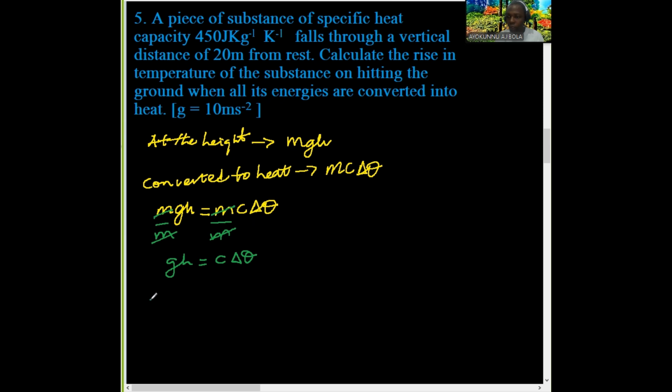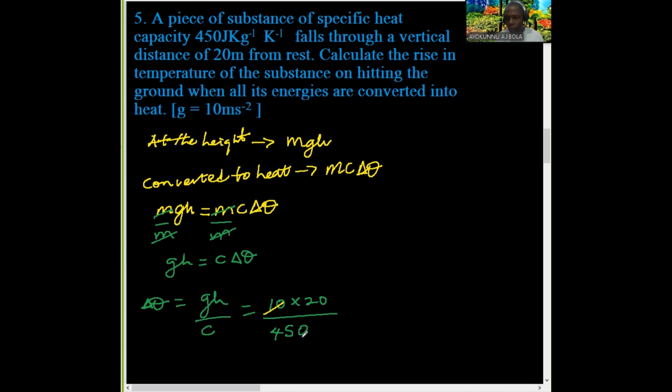Then here, change in theta will be gh over c. So the acceleration due to gravity is 10, the distance is 20, the specific heat capacity is 450.